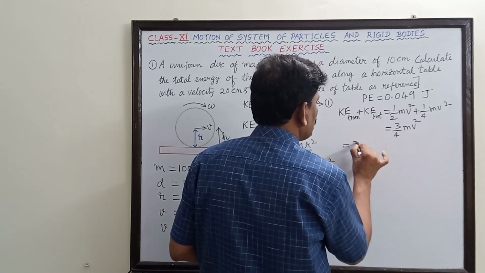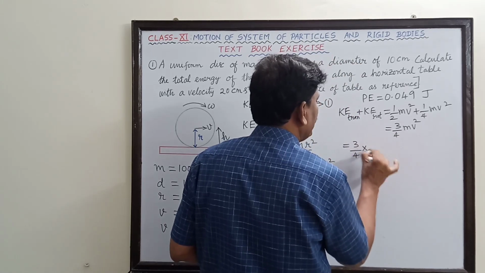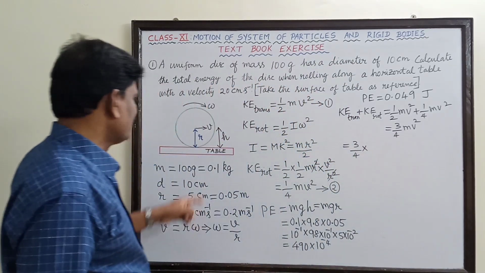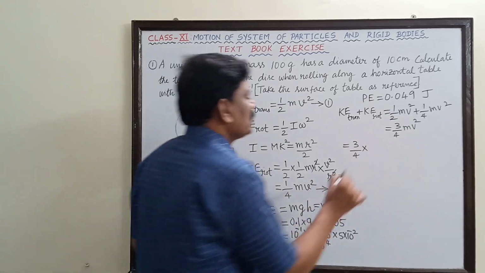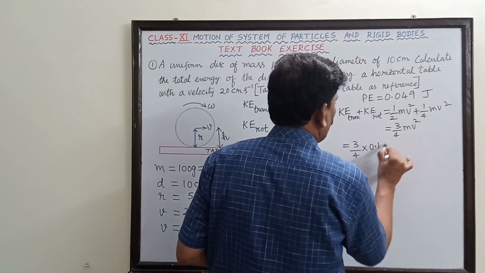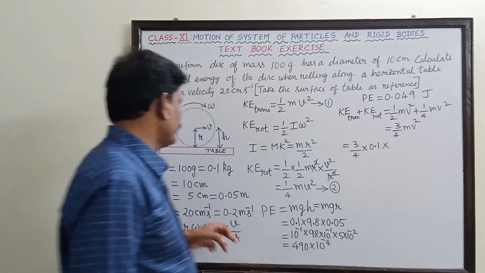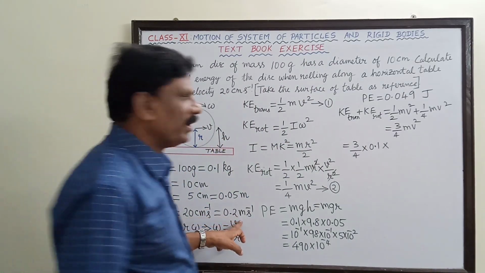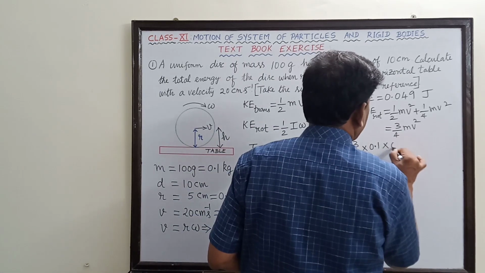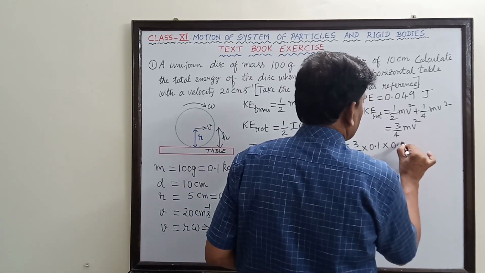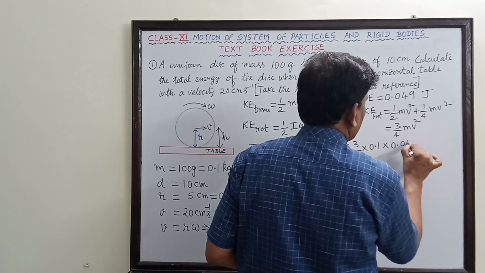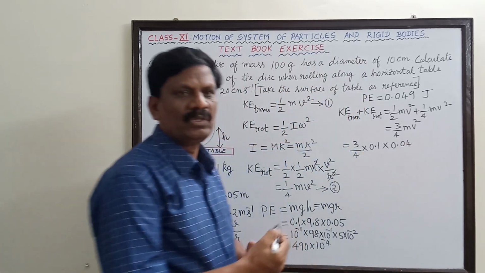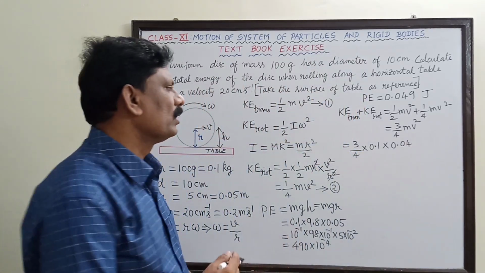So this is equal to 3 by 4 into the mass of the disk, 0.1, into v square. V square is how much? 0.2 into 0.2, so this is 0.2 the whole square, that is 0.04.